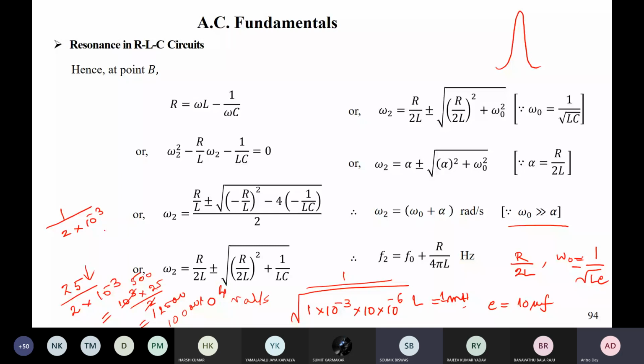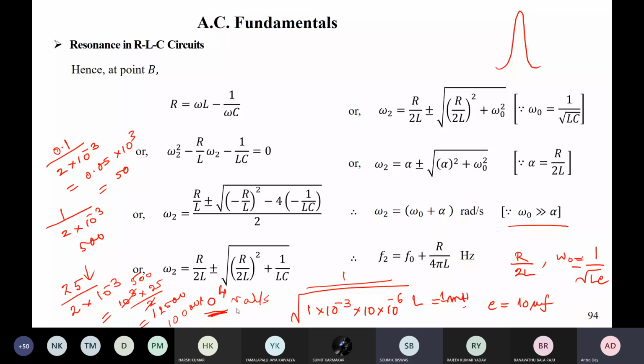If you go lower than that, if R is 0.1, then you are getting 0.05 into 10 cubed, so it is 50, which is much lower than this frequency.